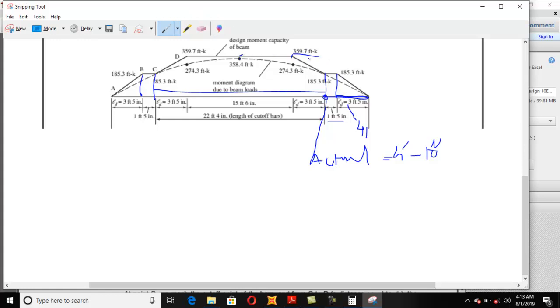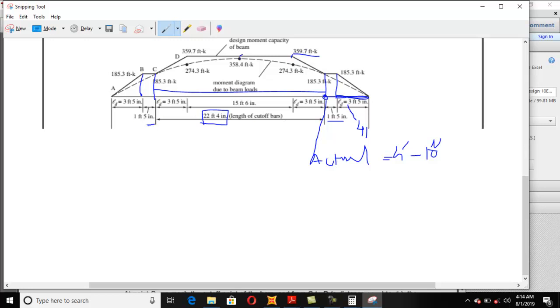So this envelope is more than the ultimate moment capacity, so the beam is now safe. Now you need to calculate the length of 4 number 8 bars, how much will be the continued length of 4 number 8 bars. This is 22 feet and 4 inches. This is the length of the cutoff bars.